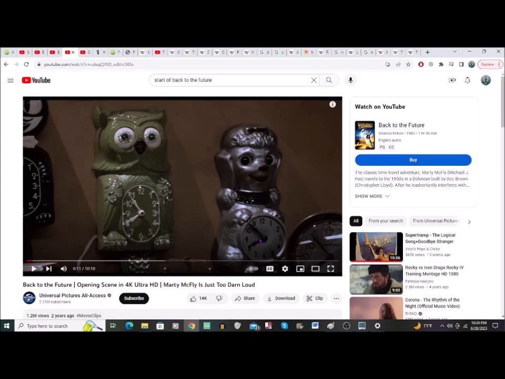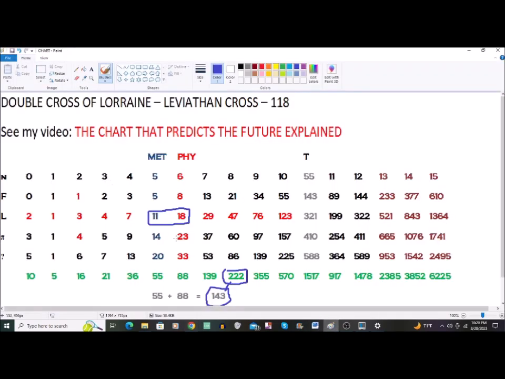Now obviously, if we go to my chart of Lorraine, the one that I use for my decodes, I've got some stuff highlighted on here already. This is the center, and if we use that 8 and the 10 and the 11, this is the center point of the table right here, and these are the two numbers either side of that center point.